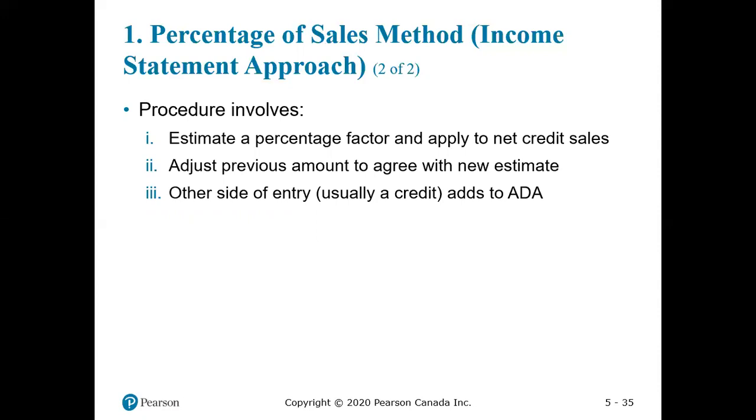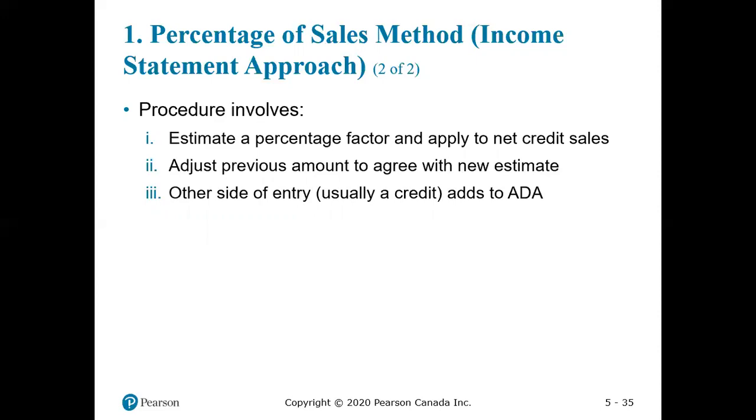For example, if you have total sales during the year of $250,000, that's your credit sales balance, because sales is a natural credit balance. And the company estimates that 5% of credit sales is uncollectible. Then $12,500 is considered to be uncollectible, because that's 5% times the $250,000.